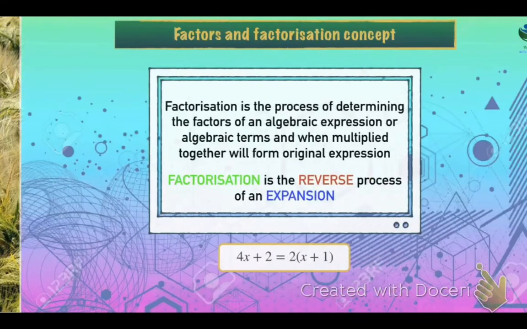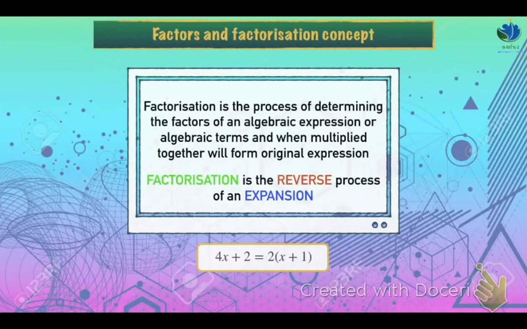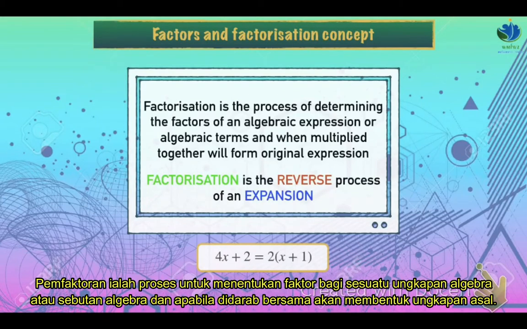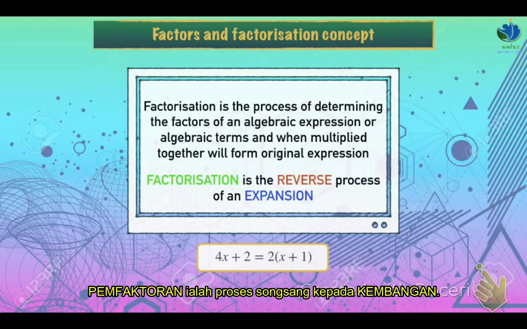Okay, now we see factors and factorization concept. Factorization is the process of determining the factors of an algebraic expression or algebraic terms, and when multiplied together will form the original expression. Factorization is the reverse process of algebraic expansion.